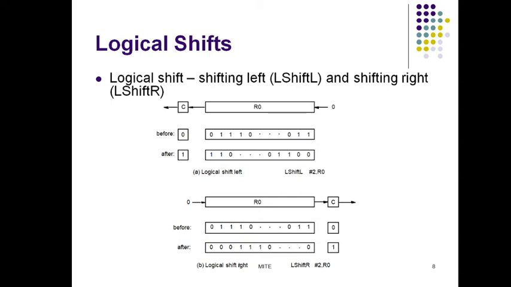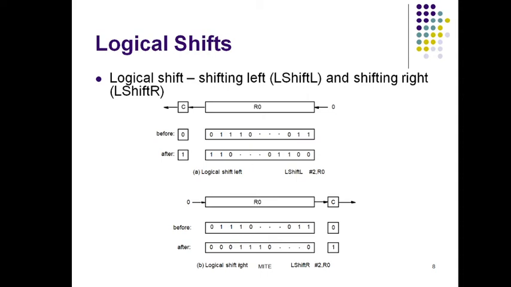Okay, same thing coming to logical shift right. The instruction will be LShiftR #2, R0. Okay, you can see the carry flag is on the right side, same contents will be there. Okay, 0 1 1 0 up till last three bits are 0 1 1. Now we are shifting towards right, so 1 1 have to be shifted.